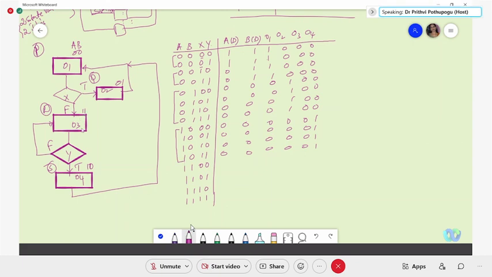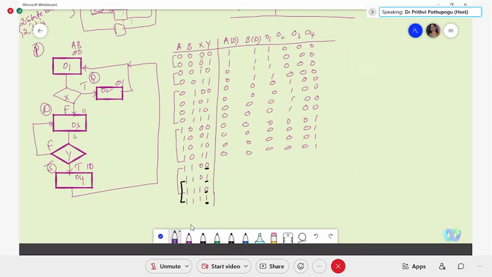Now for 1 1, y is the test variable we are testing for. X is not the test variable, but still we will be testing it. Now see here, these two will have one similar output, and these two will have one similar output, because y is the test variable.